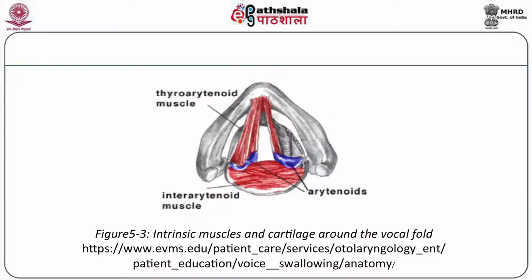Let's take a look at the structure of the vocal folds. There are two main muscles here that we notice, the thyroarytenoid muscle and the interarytenoid muscle, that move back and forth or sideways. The muscles are attached to the arytenoid cartilage, which can contract and expand. The two muscles and the cartilage, as shown in this figure, are responsible for the various states of the glottis.